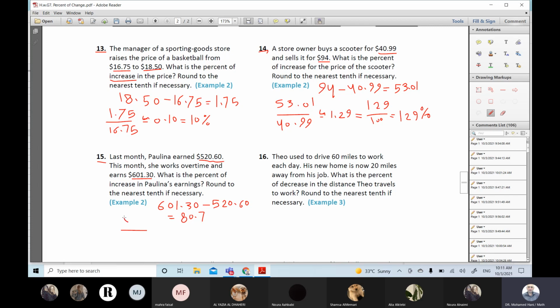Write here the part 80.7 divide by, who can tell me what is the original number here? $520.60. Great.